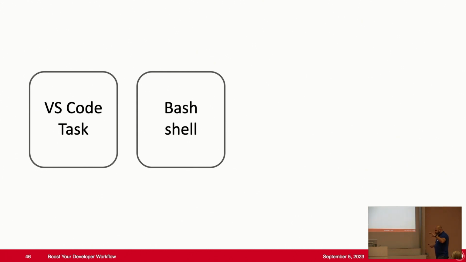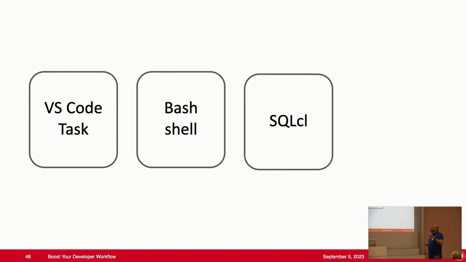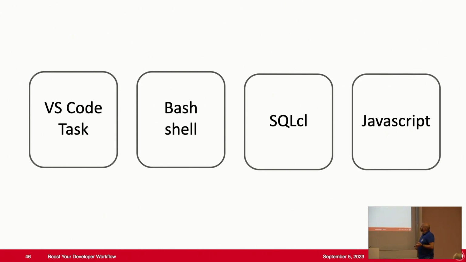This task will execute a bash script, and then that bash script will execute a SQL statement in a SQLcl tool. And since we can also execute JavaScript within SQLcl, it's possible to do complicated stuff which is not possible with the usual SQL or PL/SQL commands.